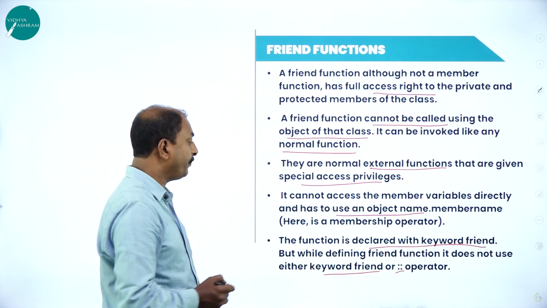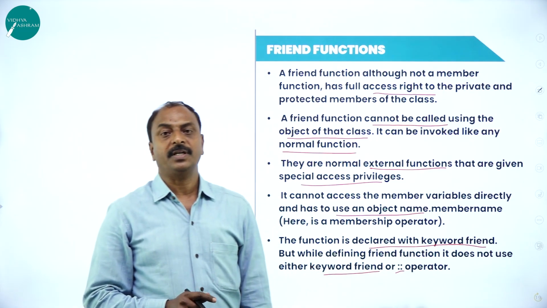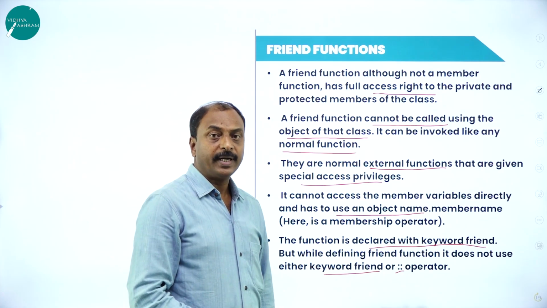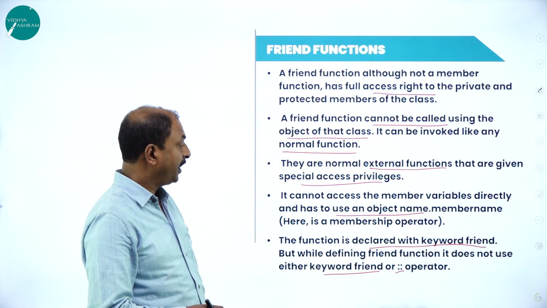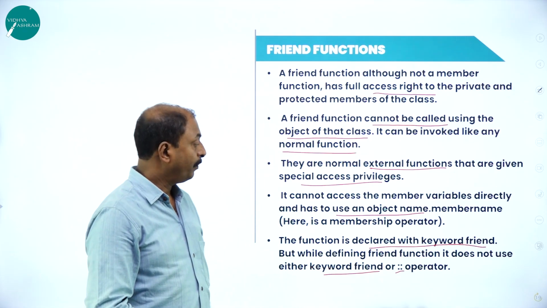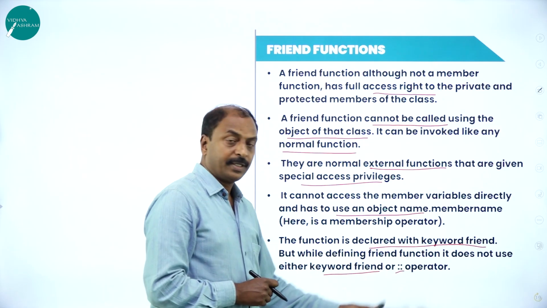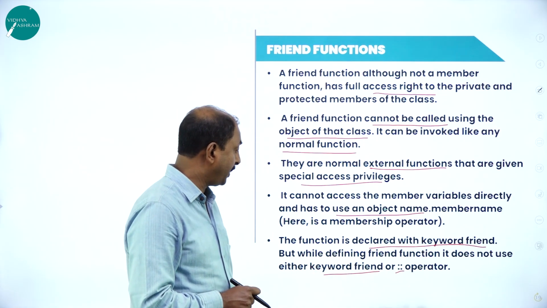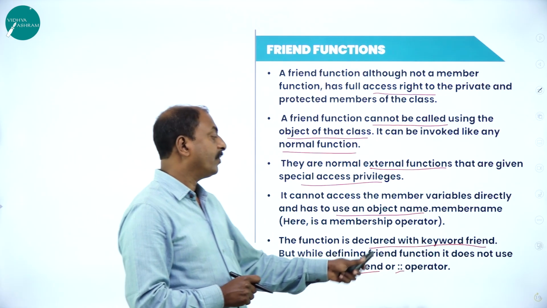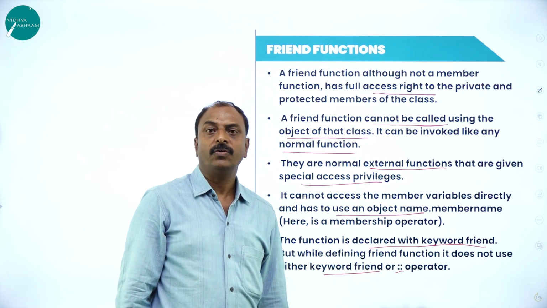Please note down here: the function declaration must start with the reserved word friend, but the definition has to be outside the class, and we are not supposed to make use of the scope resolution operator or any keyword like friend. So these are a few characteristics of a friend function.